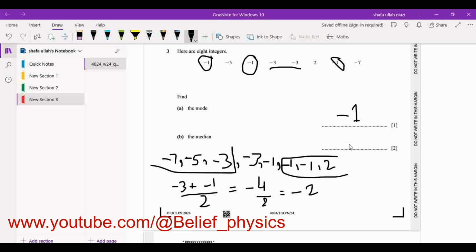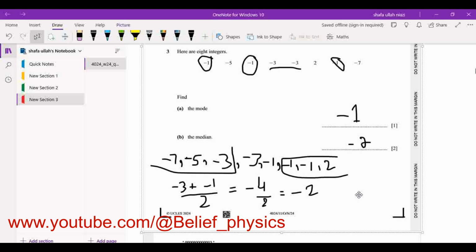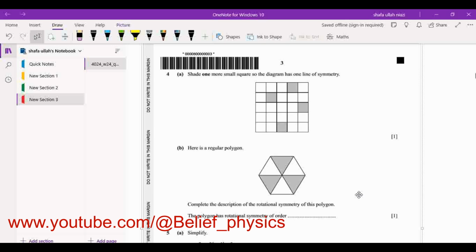So the median is -2. That was question number 3, and next is question number 4.